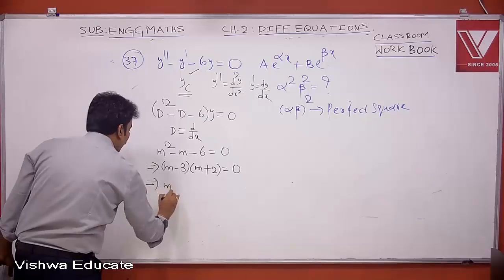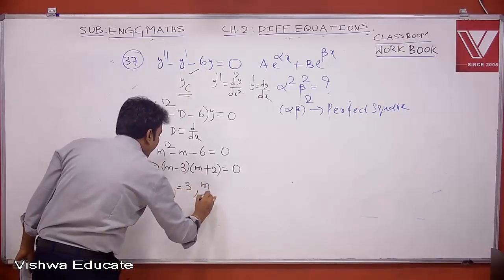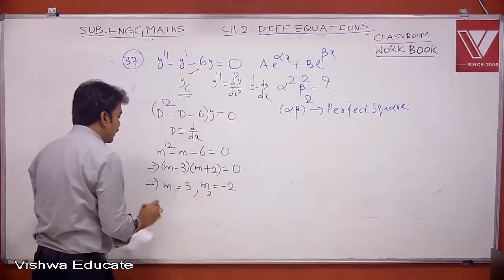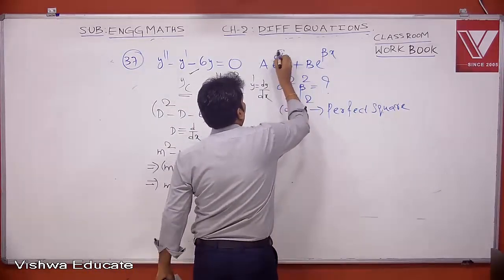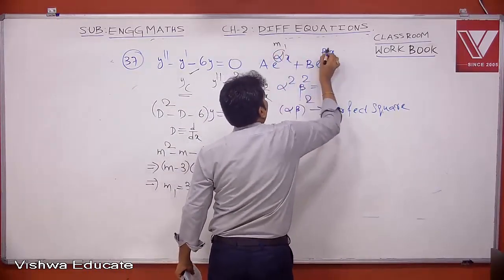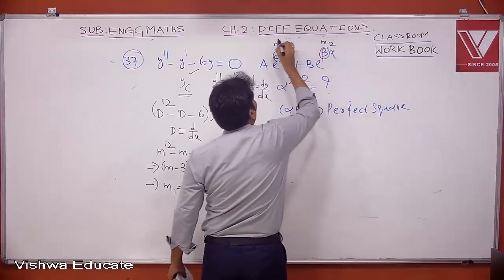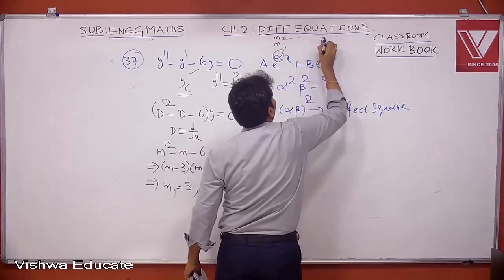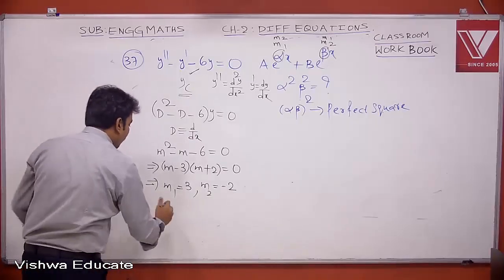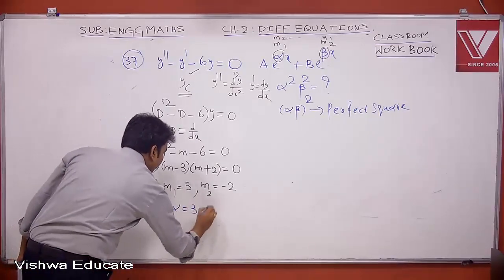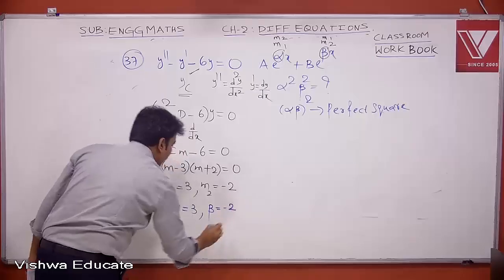So this implies one root is 3, and another is minus 2. These are nothing but the m1 value and m2 value, or this can be m2 or this can be m1. So therefore I can take alpha equal to, for example, 3, beta equal to minus 2.